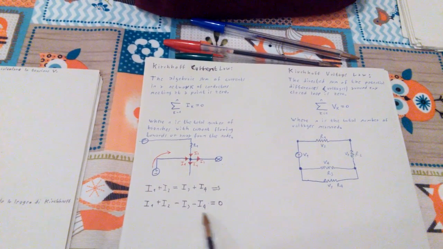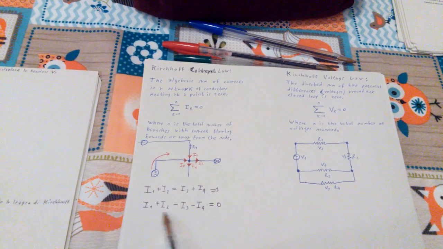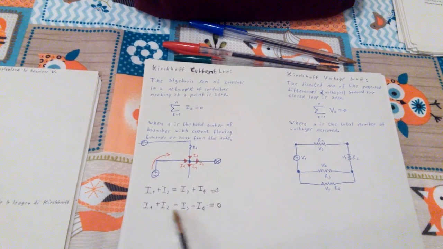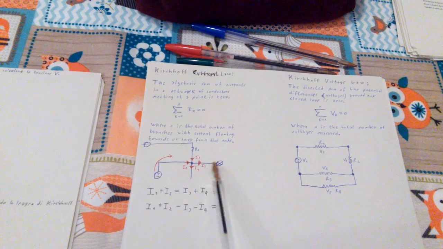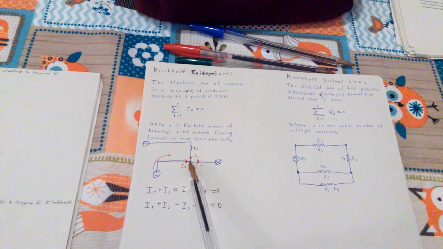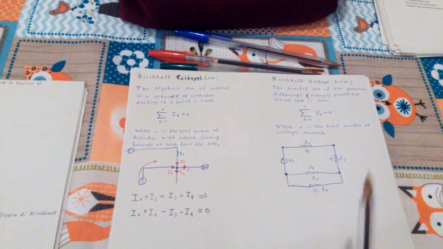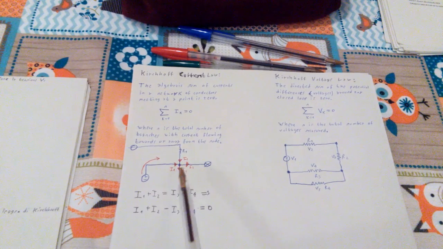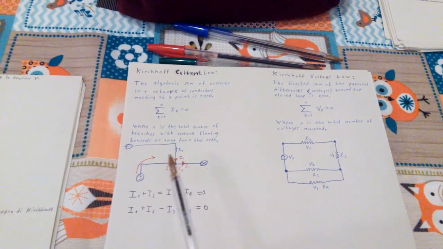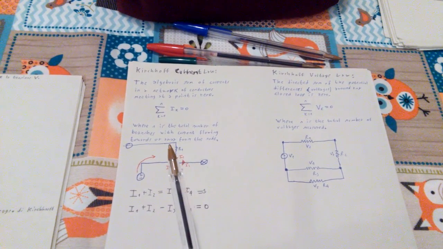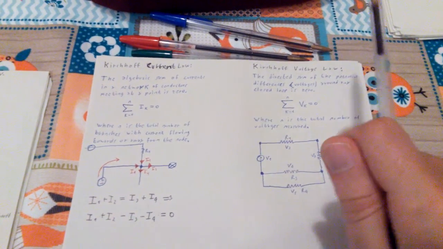But still, this is a very important statement, because around this node we can solve and find the currents along our circuits and solve various problems. So this is actually a very important statement. I'm going to make some examples later on, with real problems, in another video though.